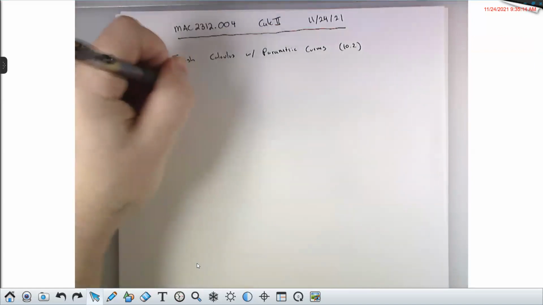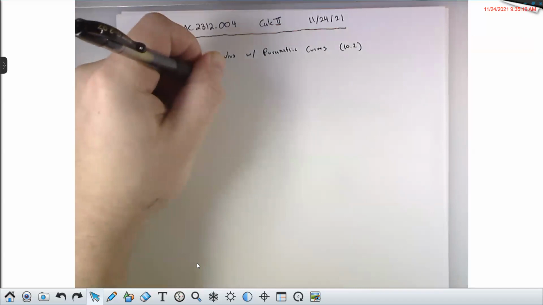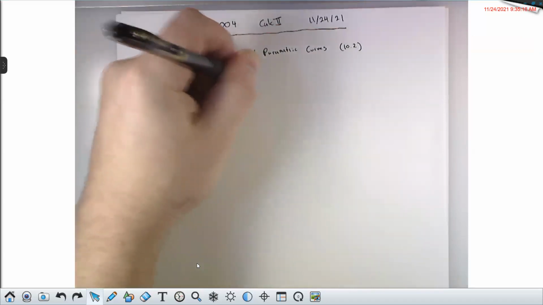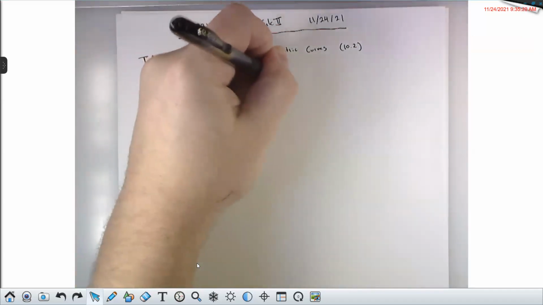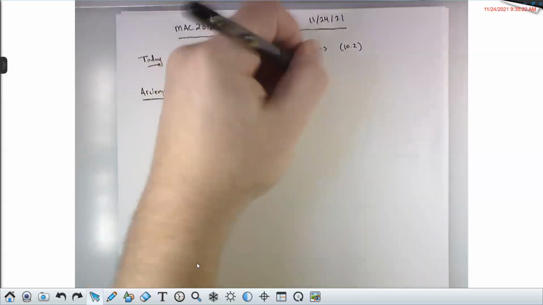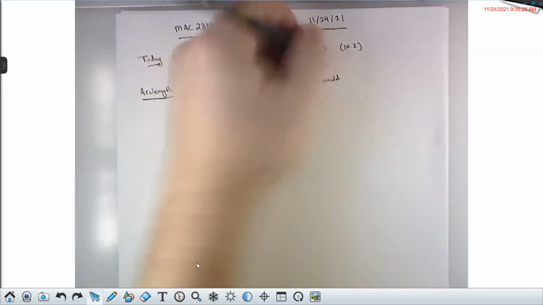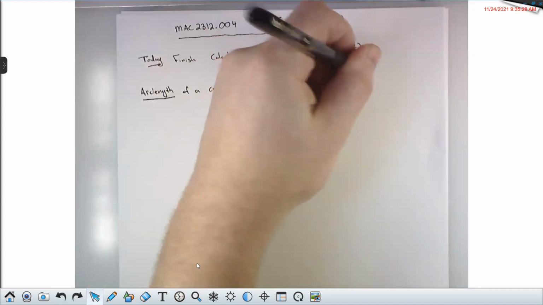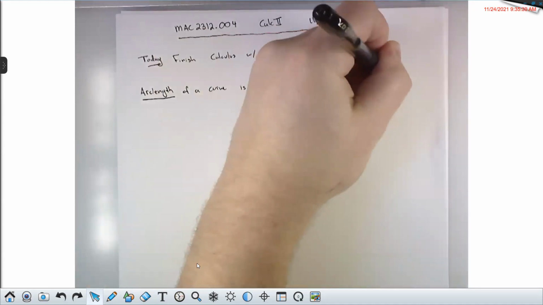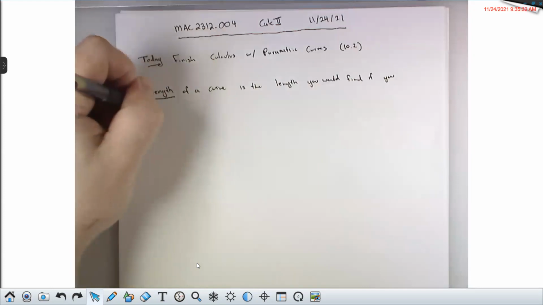So the arc length of a curve is the length you would find if you straighten and measure the curve.